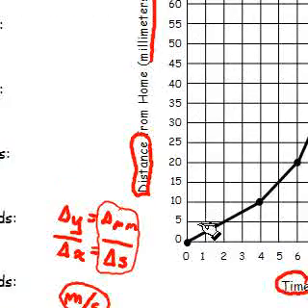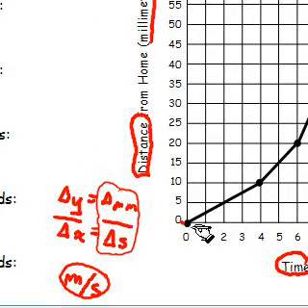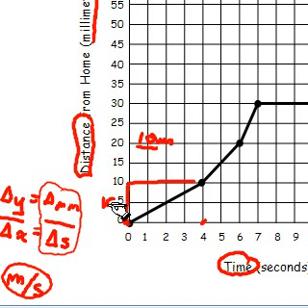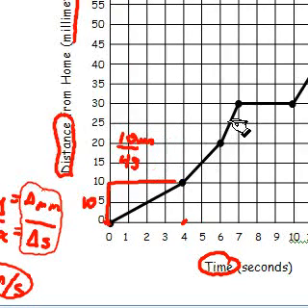So let's go ahead and for each one of these see what the rise over the run is. Between 0 and 4 seconds, here's our 0 and here's our 4. Our rise was 10 millimeters divided by our run, which was 4 seconds.